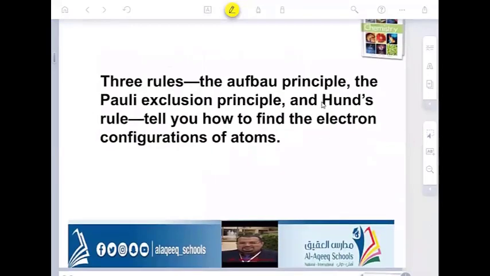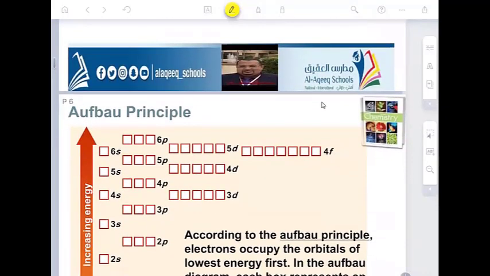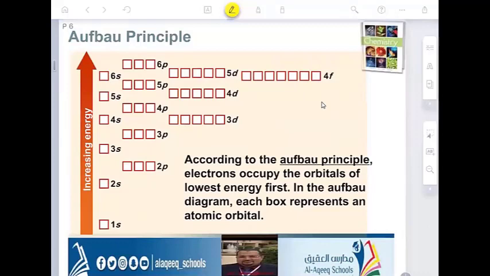That's the first rule, called the Aufbau principle. Look, the scientists arranged the sublevels according to their energy, by increasing energy. 1s first, then 2s, then 2p, then 3s, then 3p, then 3d or 4s. 4s first, then 3d, because 4s is higher than 3p but slightly lower than 3d.